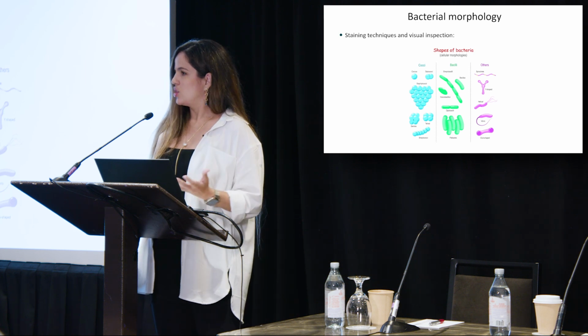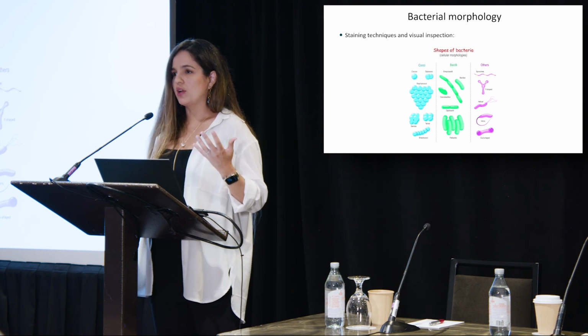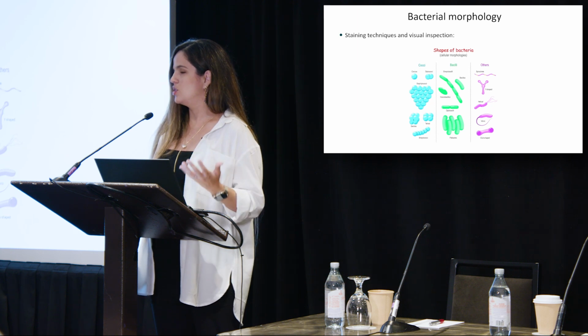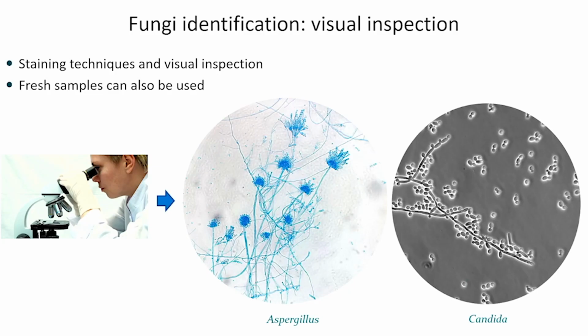So after we visualize these samples, we still have a lot to do. That's just the beginning, right? One of the things that we need to do is search for other microbes present in a specific sample. So in a microbiome environment, we are not only looking at bacteria.